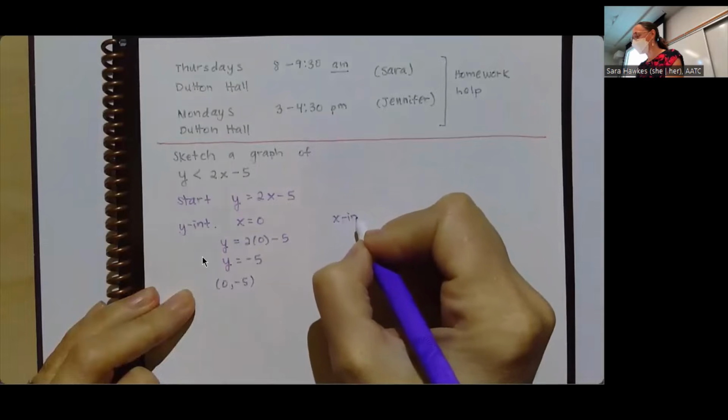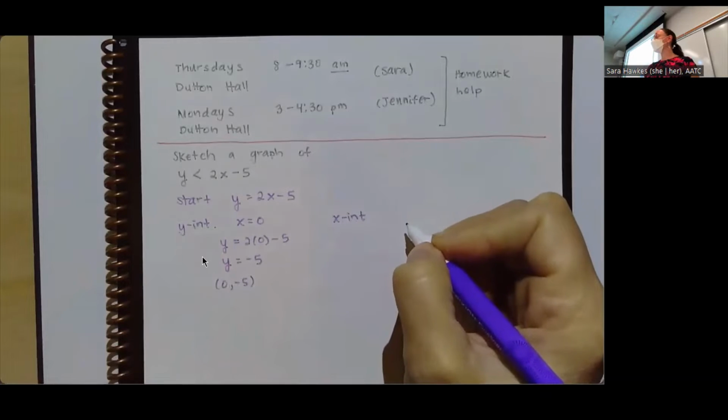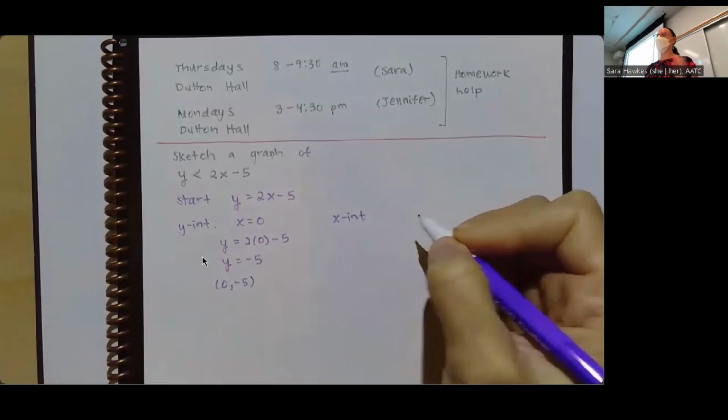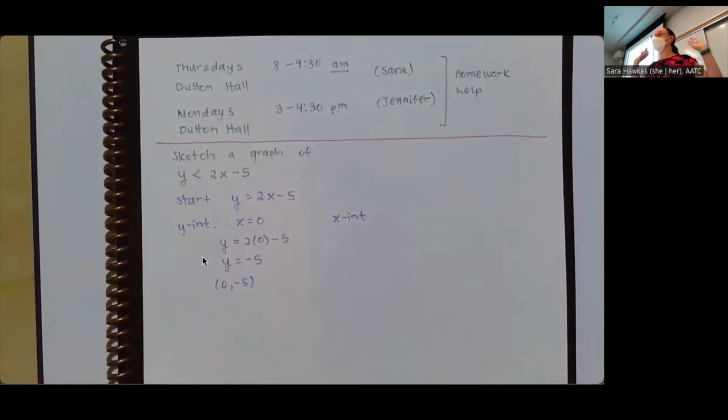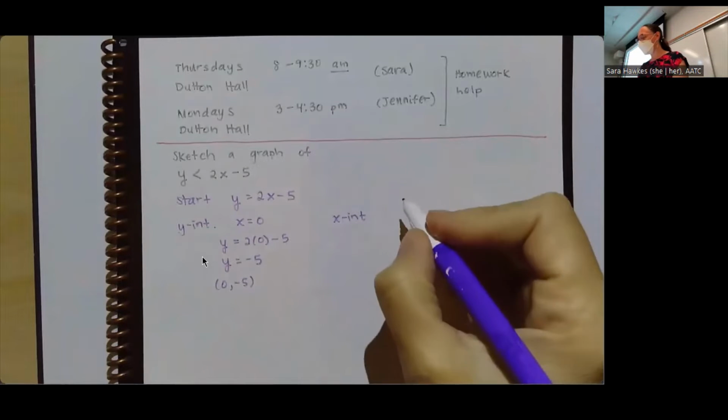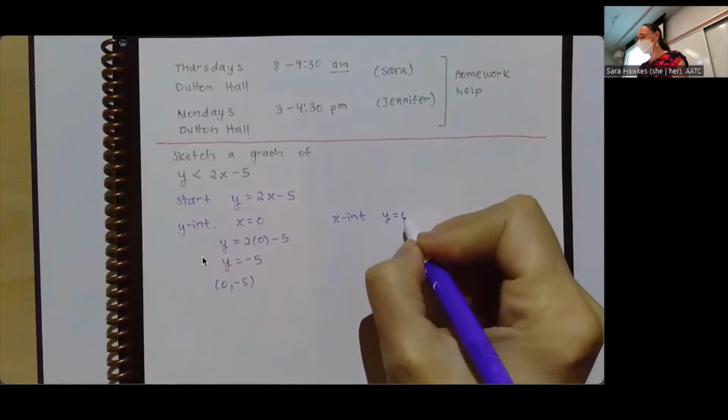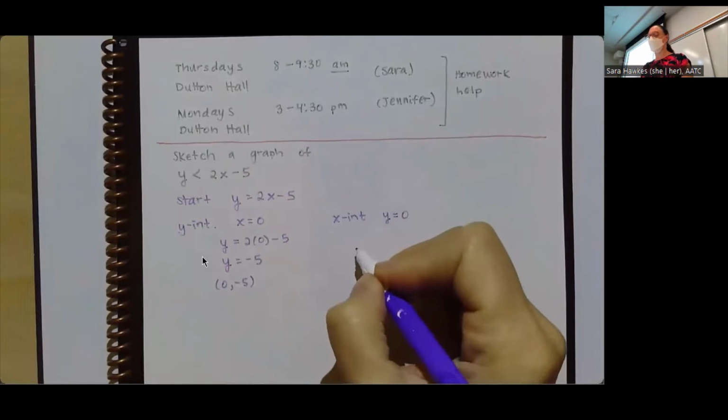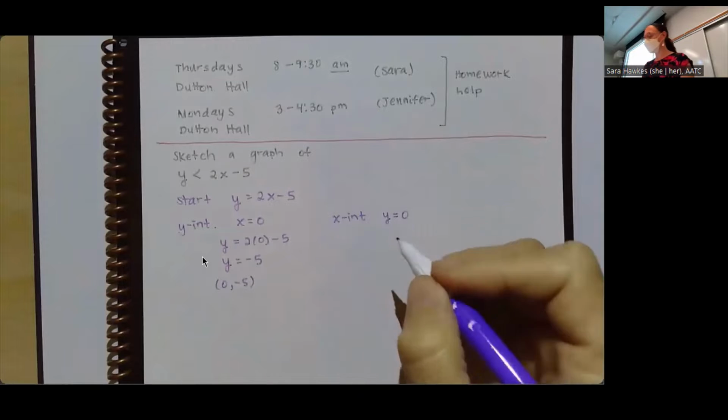Next, I'm going to find my x-intercept. I always find x-intercepts the same way, no matter whether it's a line or a parabola or something fancier we do in pre-calc. This is just going to be y equals 0. And then I'm solving for whatever the x value needs to be.